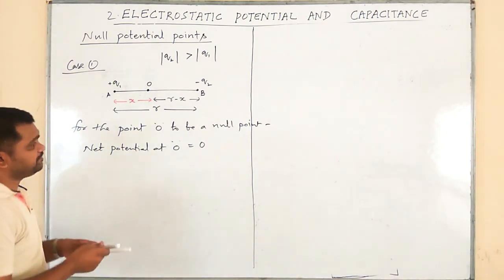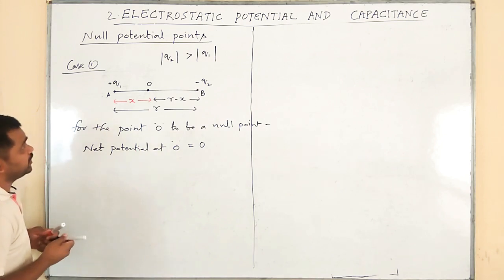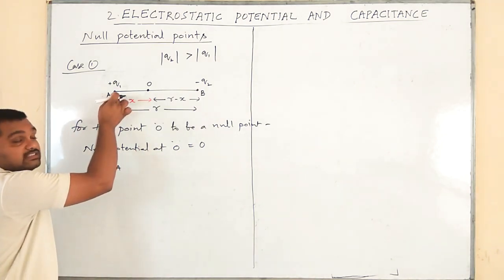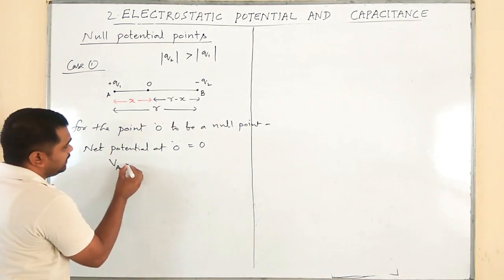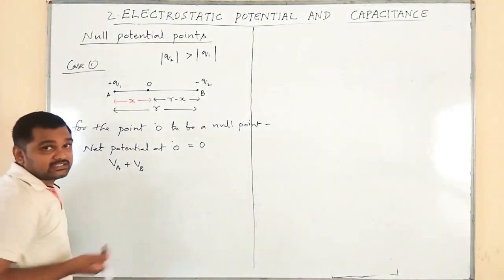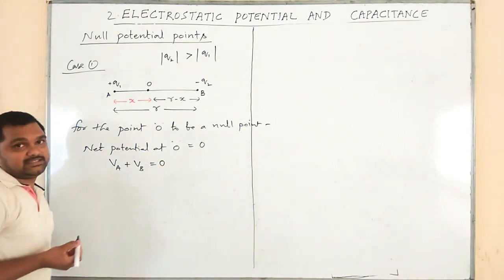Suppose VA is the potential due to this charge Q1. Similarly, VB is the potential due to this charge minus Q2. Then their sum has to be 0.